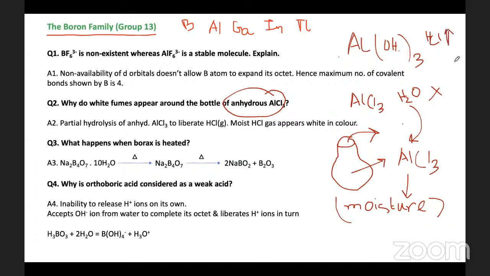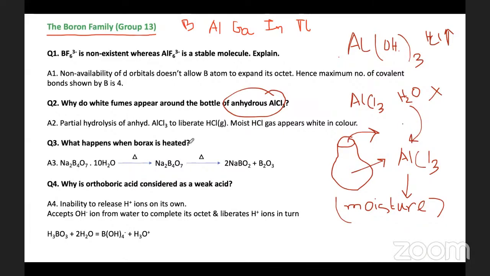Now you know HCl is actually a gas. The HCl that we use in our laboratory is actually the aqueous solution, that is, the HCl gas is made soluble in water. But actually HCl is a gas and it forms white fumes. So whenever we open the bottle of AlCl3, the Al3+ centers get hydrolyzed by the moisture present in the atmosphere itself.